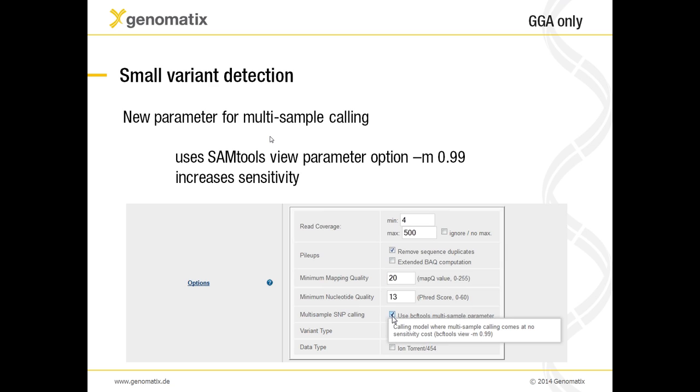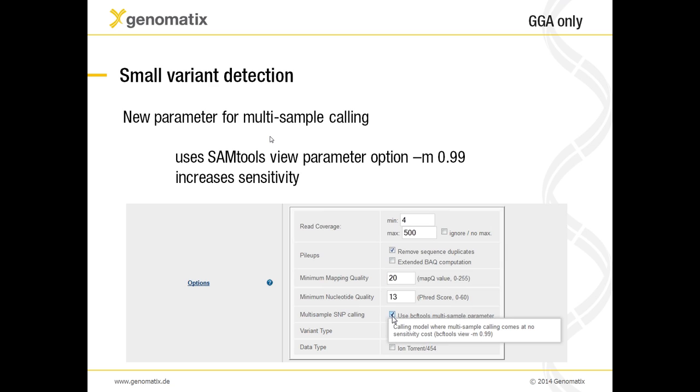And you use that multi-sample calling because it gives you additional information as to the genotype at a SNP position where you find a SNP in some samples but not in the others.